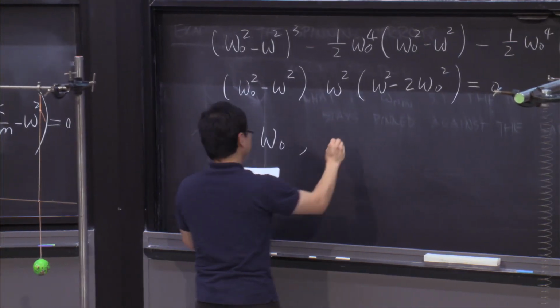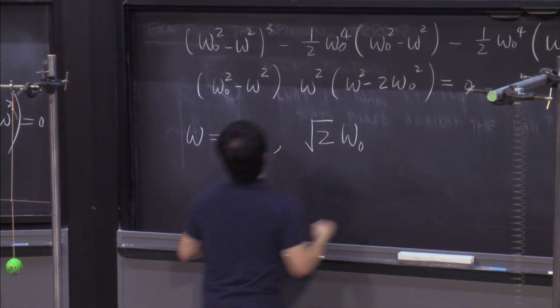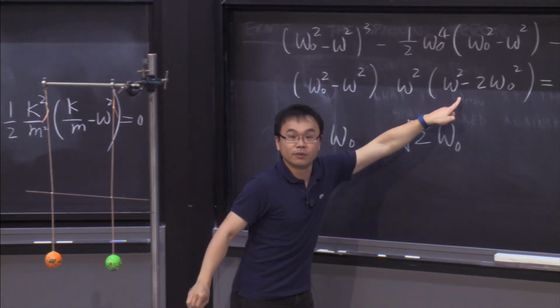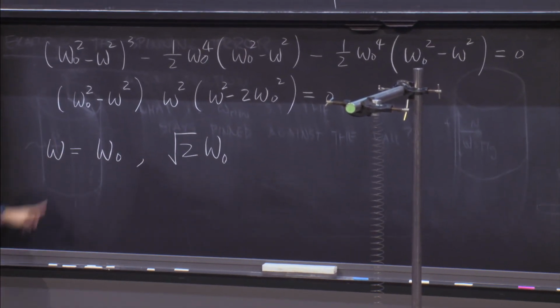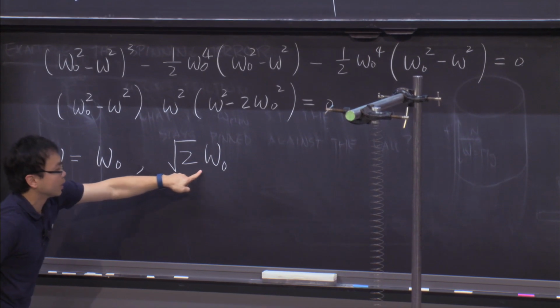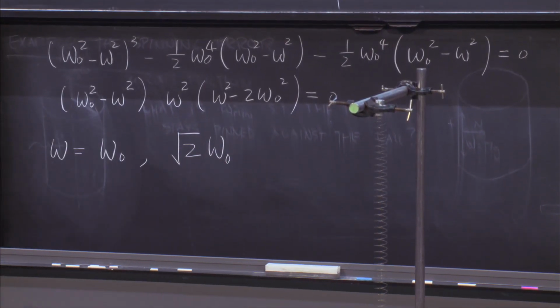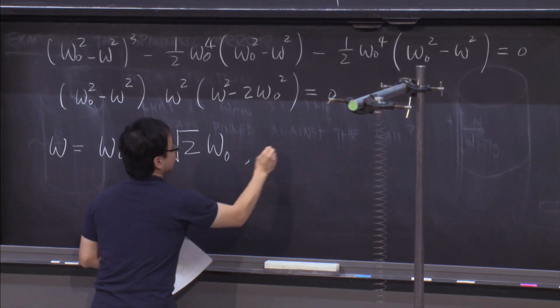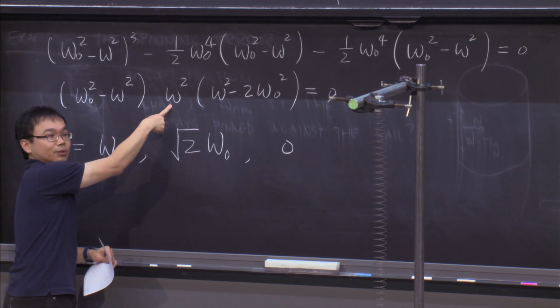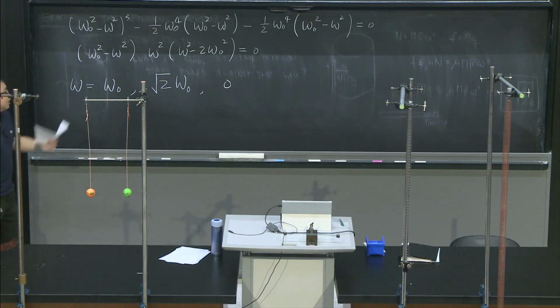The second one is omega squared equal to 2 omega 0 squared, coming from this expression, right? Omega squared minus 2 omega 0 squared. If omega squared equals 2 omega 0 squared, this will be equal to 0, and that will give you the whole expression equal to 0. Then finally, I take this term: omega squared, if omega is equal to 0, then the whole expression is 0, okay?